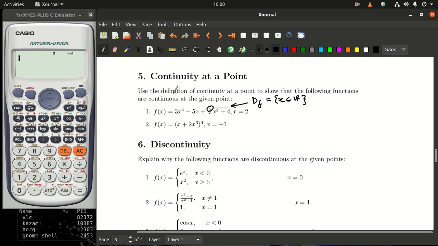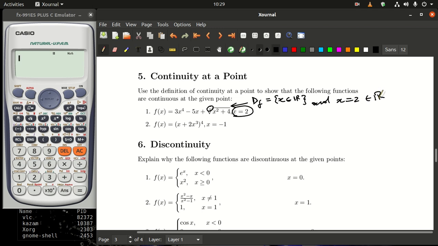So when they are saying use the definition of continuity, they want you to first find the domain of this function. Check this point here. You write the domain is this, and x is equal to 2 is in the domain. I can say this is an element of real numbers.